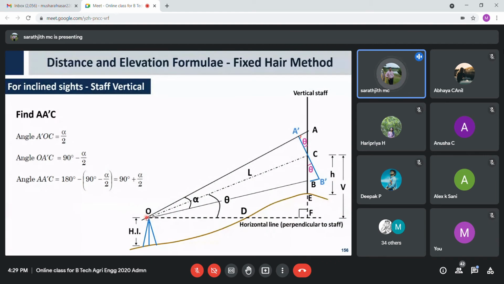This would be 90 minus alpha by 2, because this is entirely alpha and the half portion would be alpha by 2. So this upper triangle's apex angle would be alpha by 2 here. And we know that this is 90 degrees. So 180 minus 90 minus alpha by 2, you will have 90 plus alpha by 2. Is that clear?